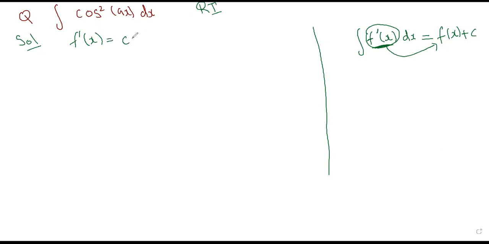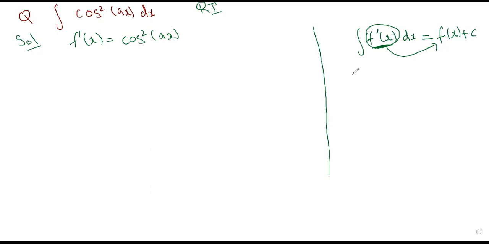cos square ax. Excellent. So this is what we are having initially. But we know that cos square x is never seen in the table of derivatives. It cannot be the derivative, okay? So we need to use trigonometry here to convert this cos square x into some other thing.